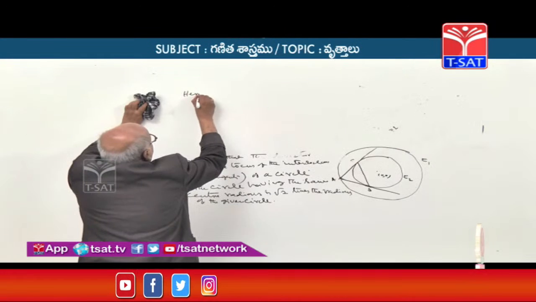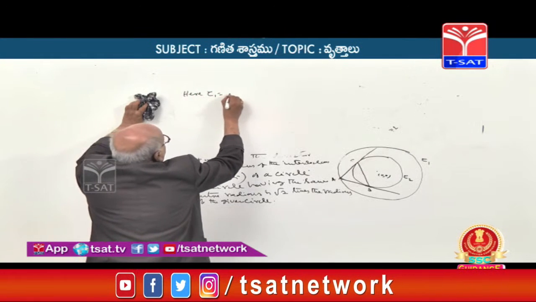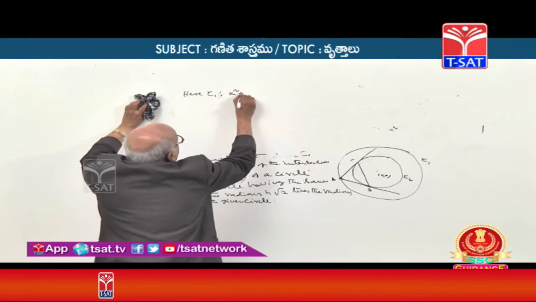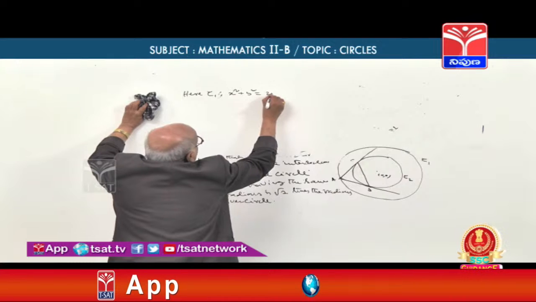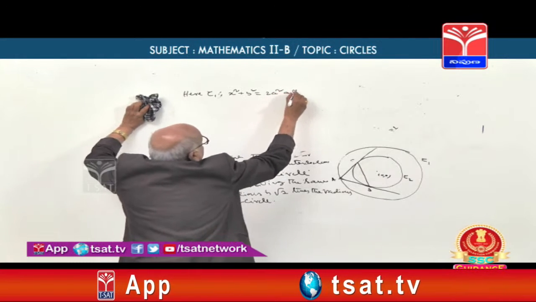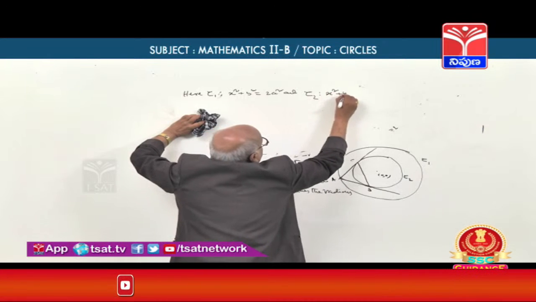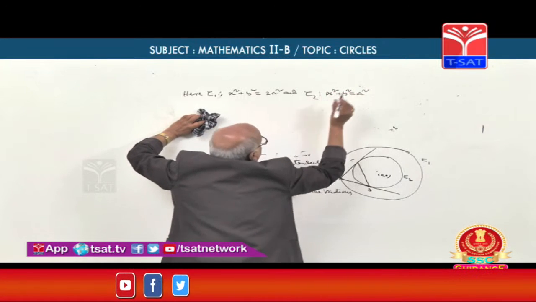So, here C1 is x square plus y square is equal to 2a square, and C2 is x square plus y square is equal to a square.